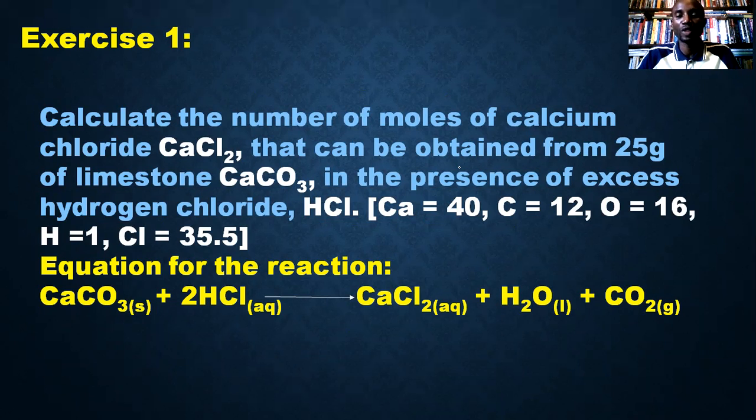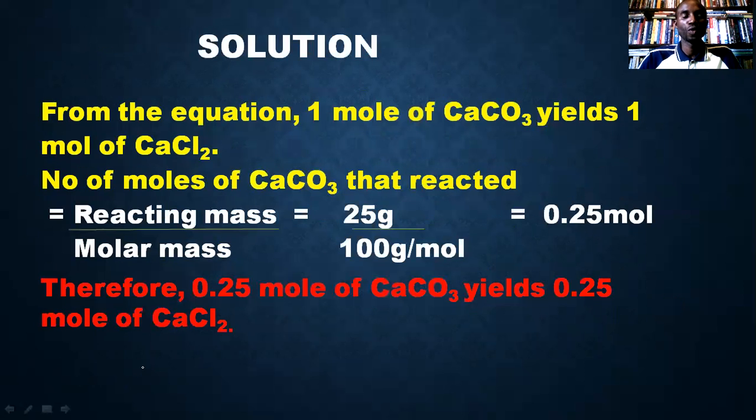The relative atomic masses of the elements are given, and the equation for the reaction is this: calcium carbonate plus hydrochloric acid produces calcium chloride, water, and carbon dioxide. We are asked to find the number of moles of calcium chloride that is being obtained from calcium carbonate, which is limestone. So with that, we are going to solve it this way.